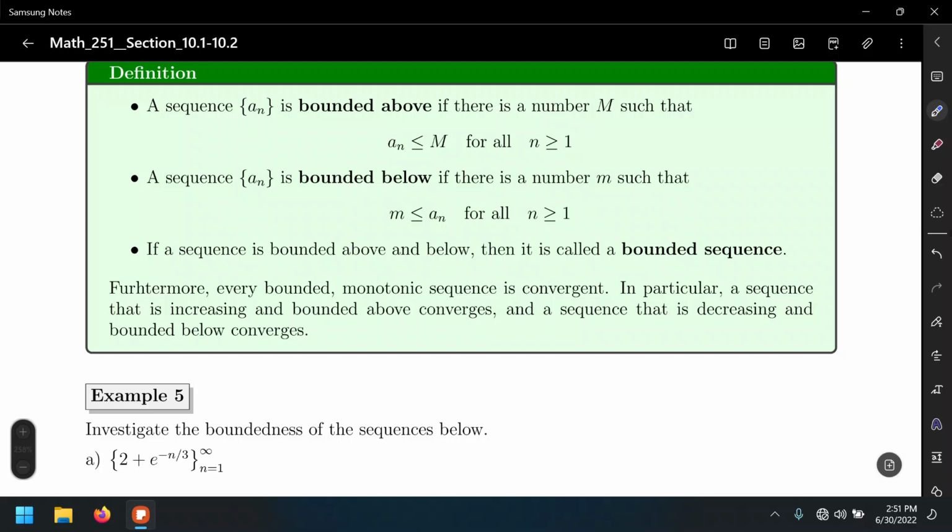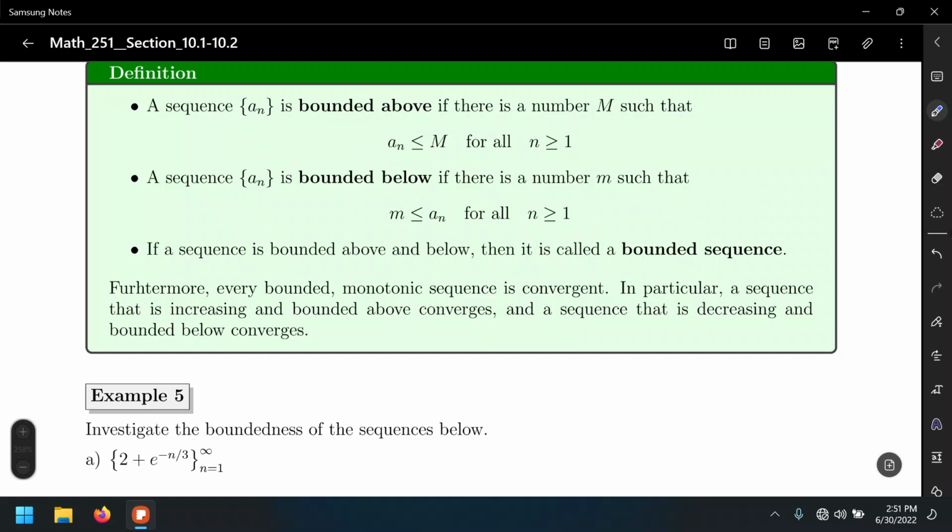It may get to that value, it may not, it depends. And a sequence that is bounded below is most likely a decreasing sequence that approaches some value. However, if a sequence is bounded both above and below, we just call it bounded.